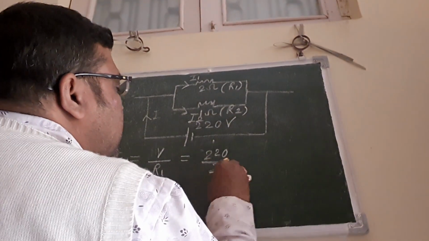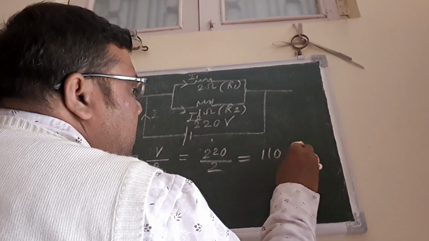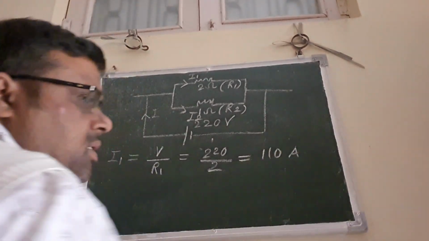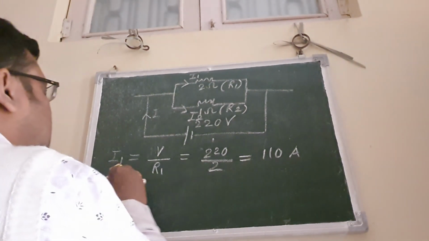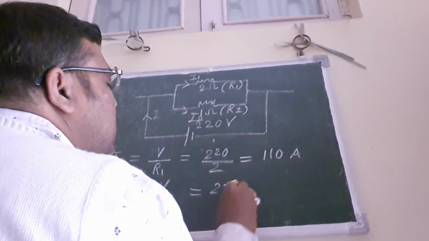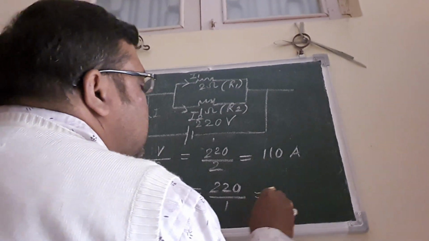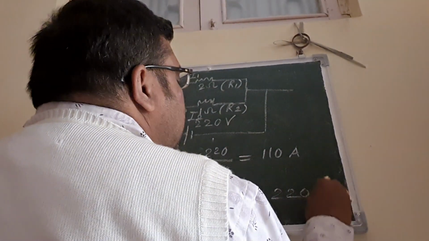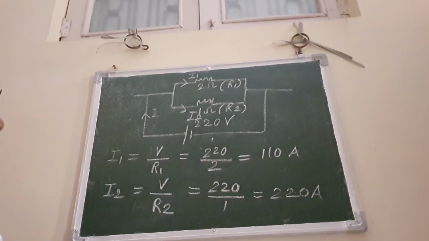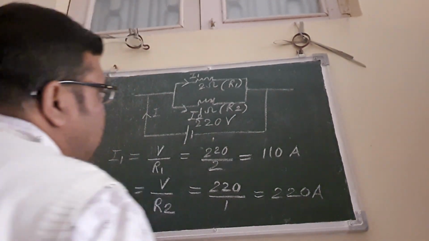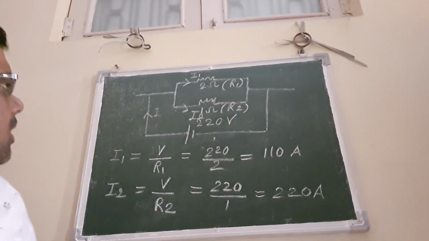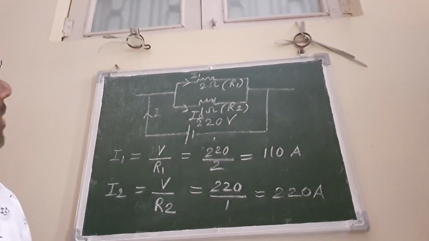So it will be 220 upon 2 ohm, which is equal to 110 ampere current that is going to flow, and I2 is equal to voltage upon R2, so it is equal to 220 upon 1, which is 220 amperes.